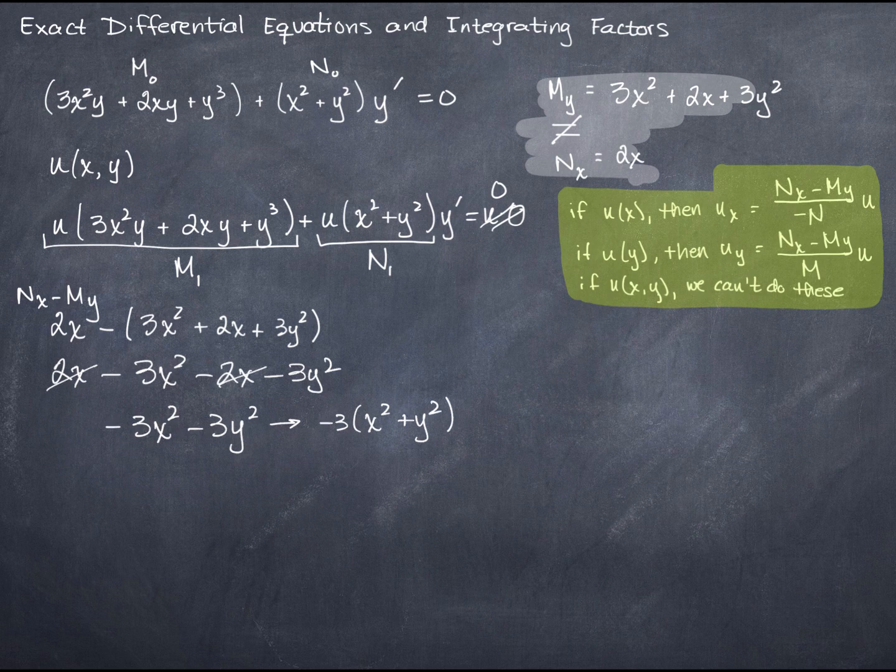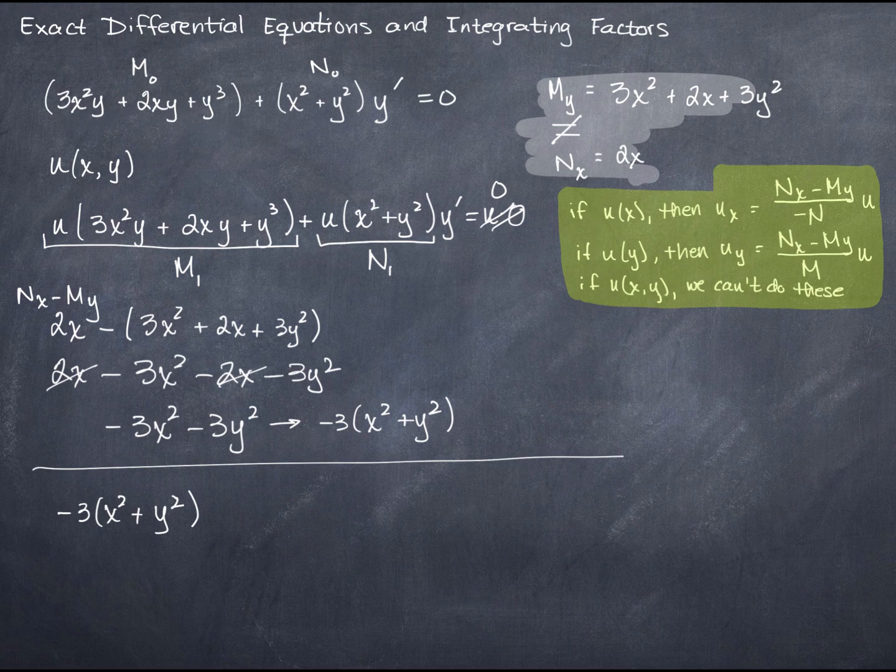And so I can write my fraction, either this one here or this one here, as negative 3 times x squared plus y squared over either negative N or M. Well, negative N would be negative x squared plus y squared, and M would be this whole expression here.